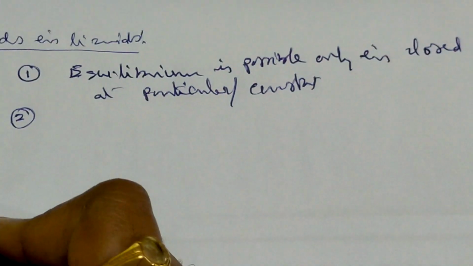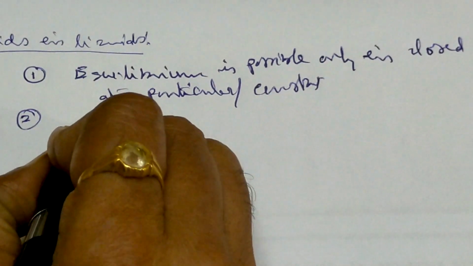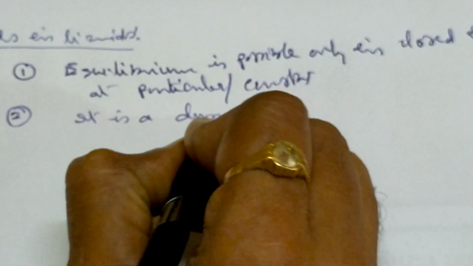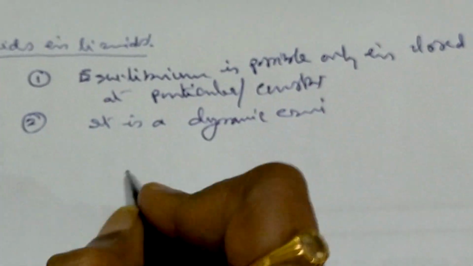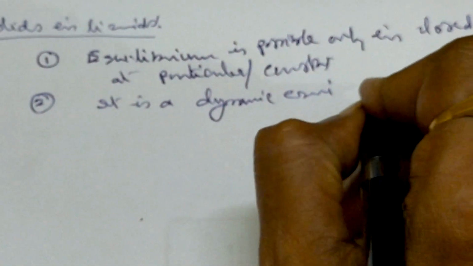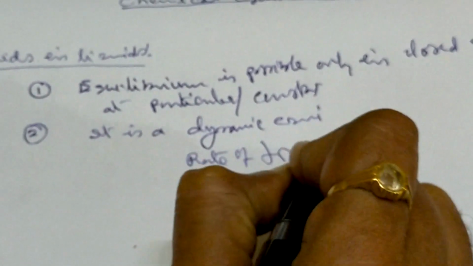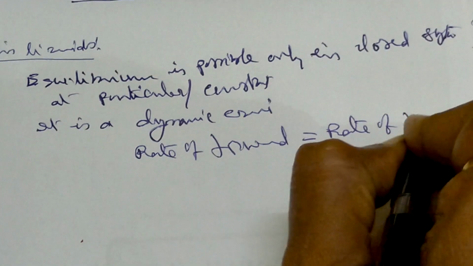Number 2, it is a dynamic equilibrium. It looks like the reaction has stopped, but actually the rate of forward reaction equals the rate of backward reaction.